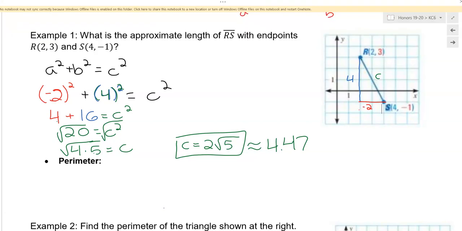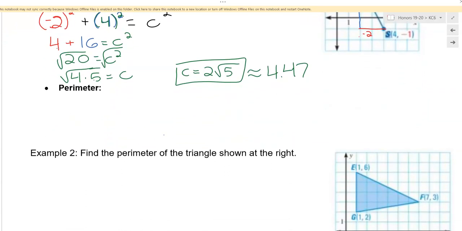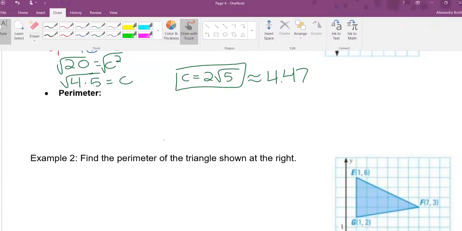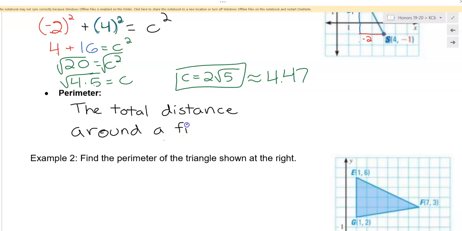Then we can use our distance formula to find perimeter. And what is perimeter? Perimeter is the total distance around a figure. So let's look at this first one.